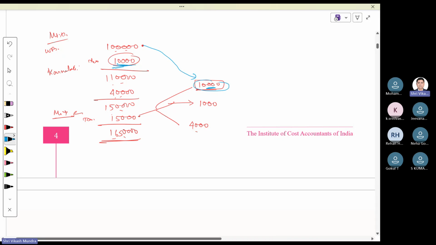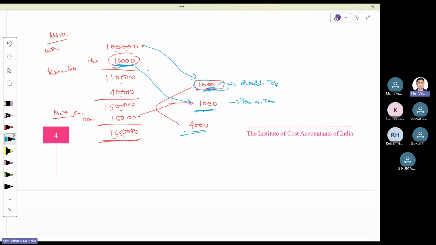Once the government has taxed 10,000 when I am buying the goods from Mr. X, and again when Mr. Y is buying the goods from me, again these 10,000 are levied. Moreover, this 1,000 is a tax on tax, that is 10% of the tax paid by me to Mr. X. That means this is a tax on tax, and this is double tax.